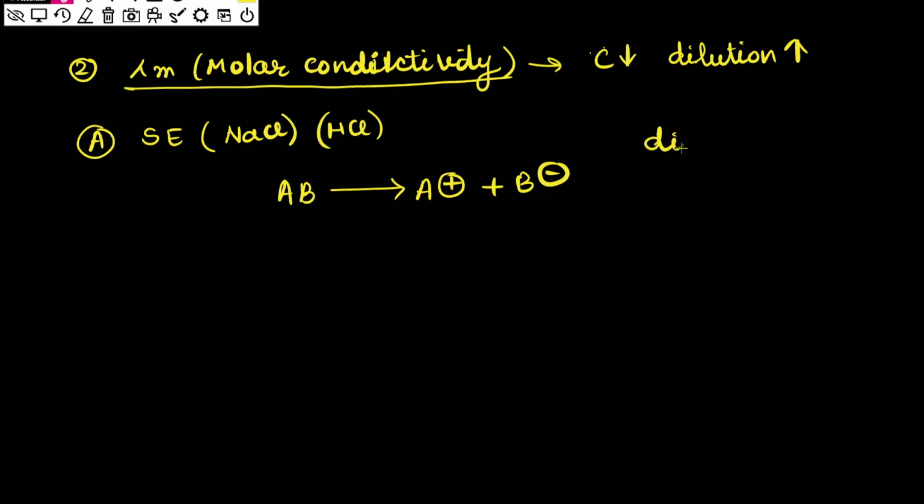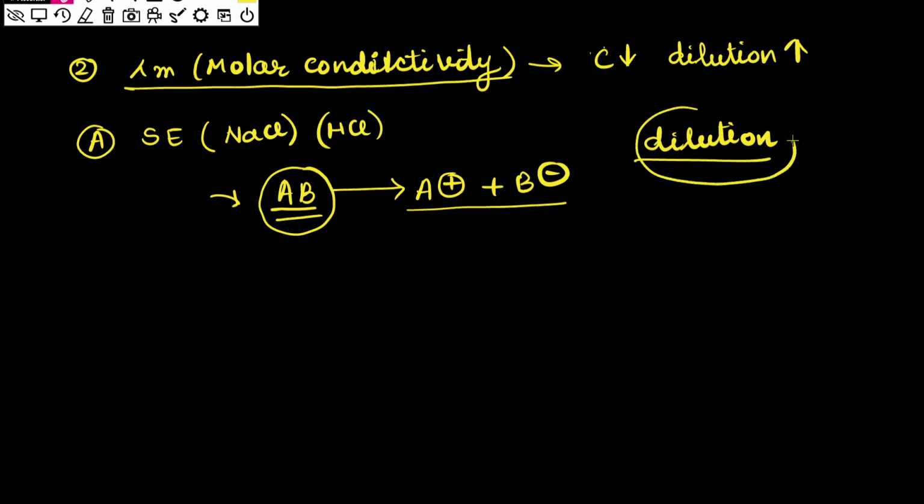And the more the dilution we are doing, the more will be the dissociation. But here there is a twist. As soon as you are adding the strong electrolyte, this reaction is not reversible. If the strong electrolyte is added in the solution, it will obviously dissociate.